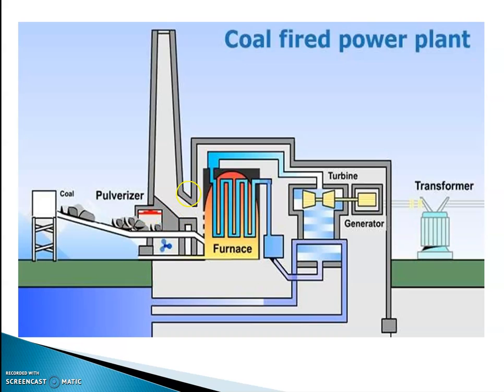The major contribution of electricity generation in India from fossil fuel is 69%: coal 59% and natural gas 10%. The thermal power plant is the major contributor of power generation in India.